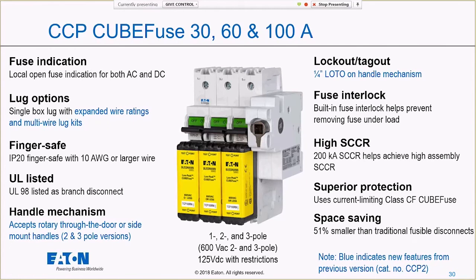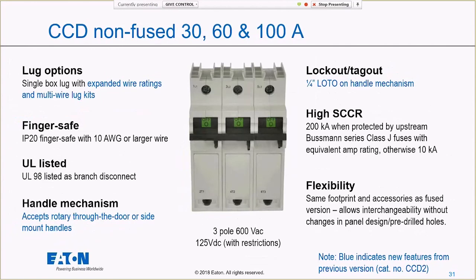These also have the ability to put multi-wire lugs on them. So not only is it smaller, but with multi-wire lugs you can also maybe get rid of a power distribution block and save a whole lot of space. Again, the goal here is a similar price to what you're already paying for a 100 amp fusible disconnect switch. For the CUBEFuse, the 30, 60, and 100 amp are your breaking points for this fusible disconnect. A really nice feature is that you can underfuse any of these.